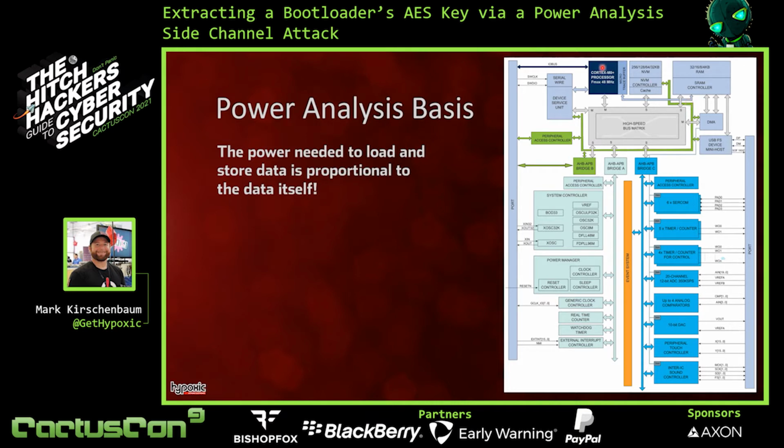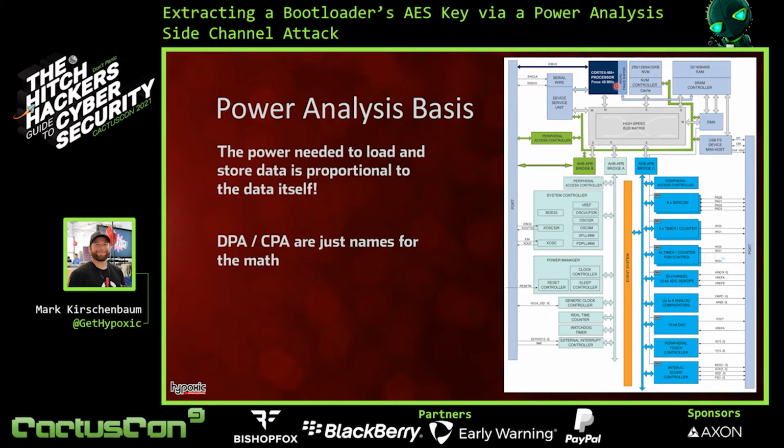Now, if I go ahead and write all zeros there, it's going to be using a different amount of power. Okay, likewise with reads and writes. And also similarly, when I'm reading or writing into the registers, it's going to take a certain amount of power. So the power analysis basis is that the power needed to do loads and stores is going to be proportional to the data itself.